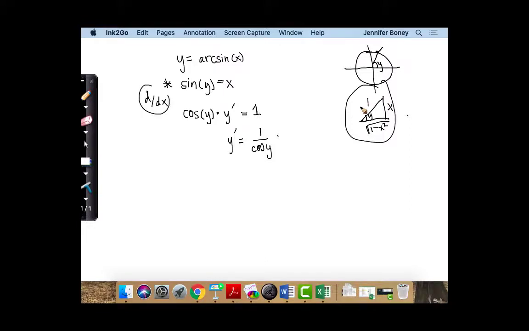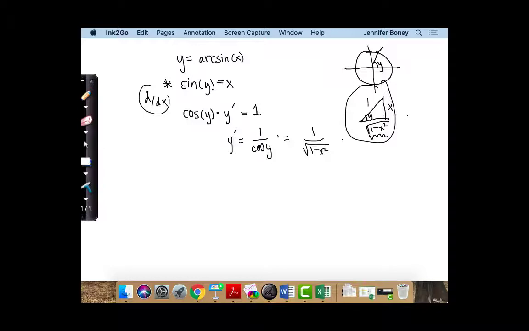You can pick any hypotenuse you wanted to, but just so that I can have a side of this triangle with x, use a hypotenuse of 1. That makes the third side here square root of 1 minus x squared, just Pythagorean theorem. And cosine of y would be this square root over 1. Well, that should look like the formula that you had to memorize.